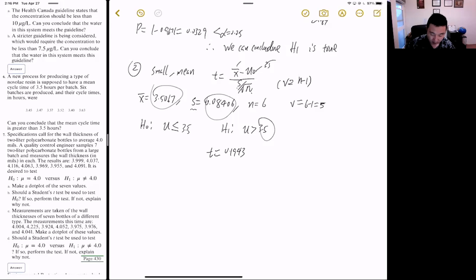Okay, so because H1 is asking mu larger than 3.5, the p-value should be right of t of 0.1943. Okay.